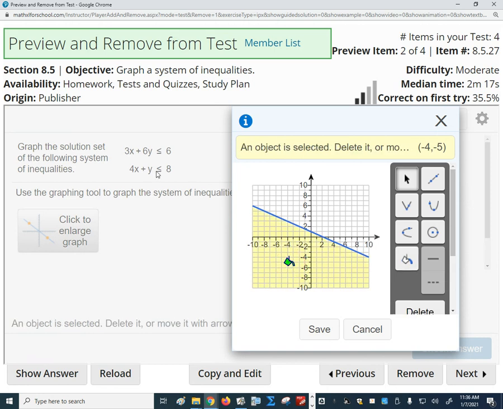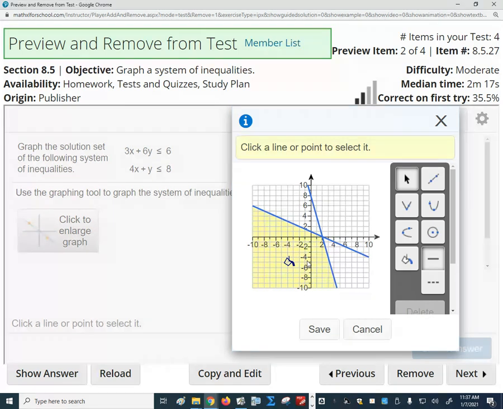The other one was y equals negative 4x plus 8, my boundary line. So there's 8. My slope is negative 4, so I rise by negative 4 and run by 1. And I wanted to shade everything below that one also, right? So that's the correct region then, isn't it? Because that's the region that's below both of those lines. Everybody with me on that?